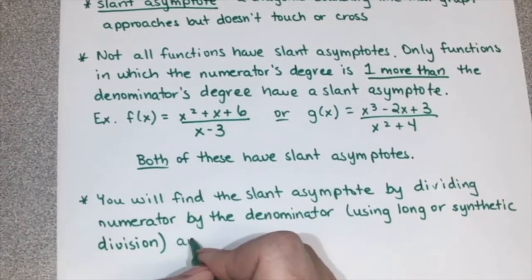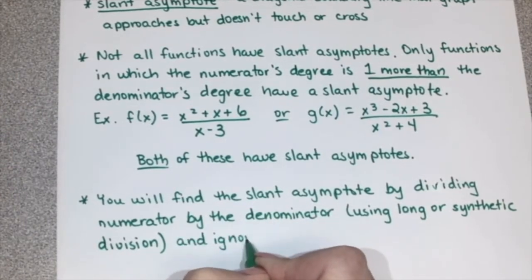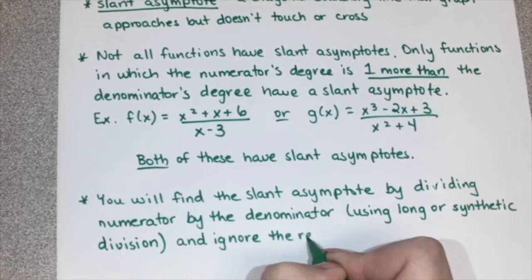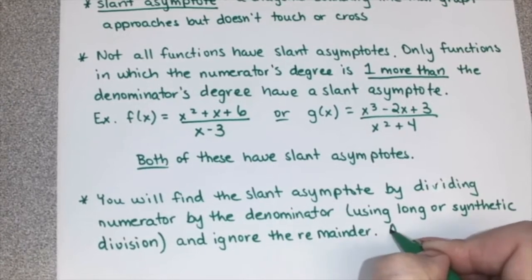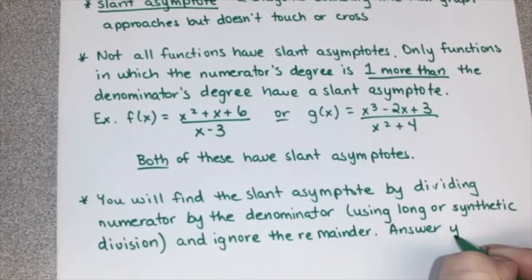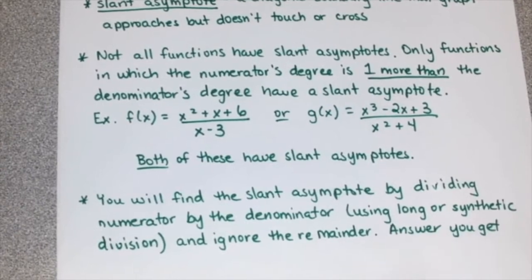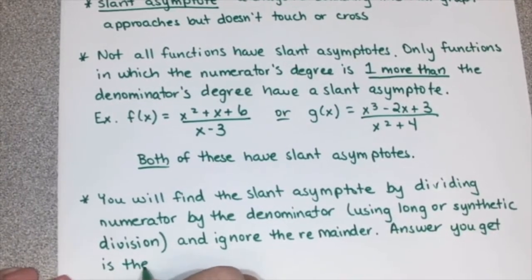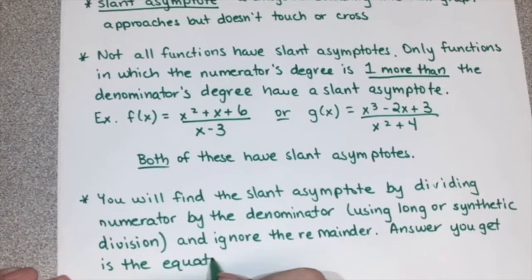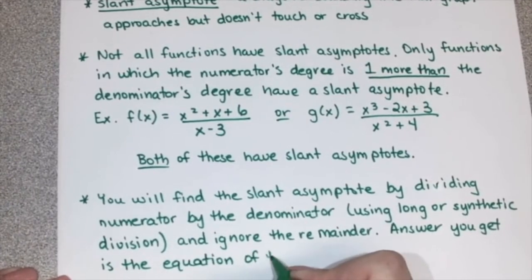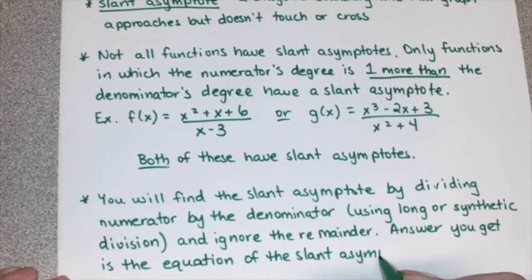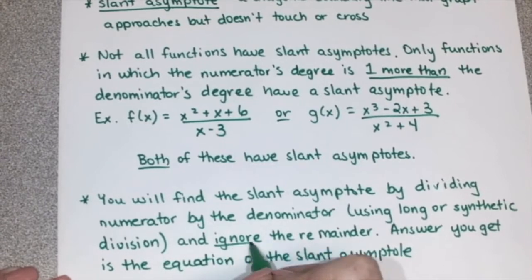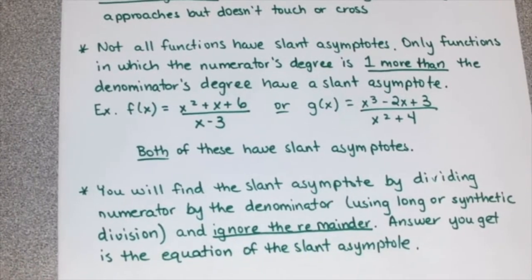Okay, so you divide and you ignore the remainder. And the answer that you get is the equation for the slant asymptote. So unlike what we did before, we were actually very concerned with what the remainder is.